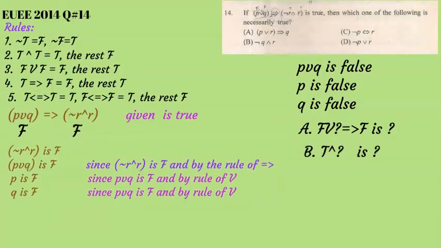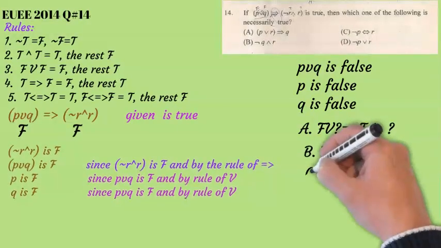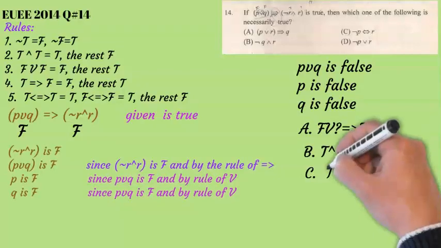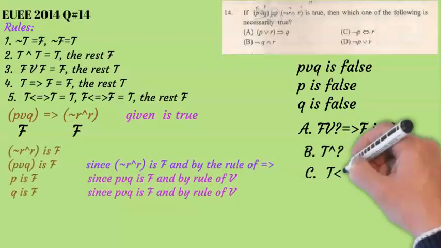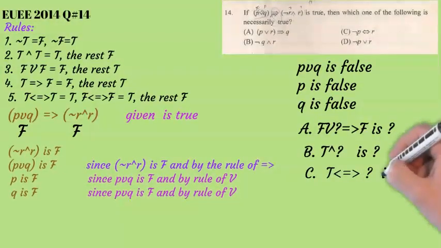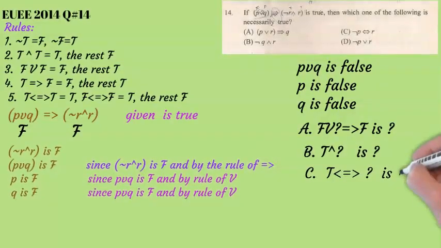Now let's see C. C is negation of P implies R. We know P is false, so the negation of P is true. True implies something is what? True implies true is true.